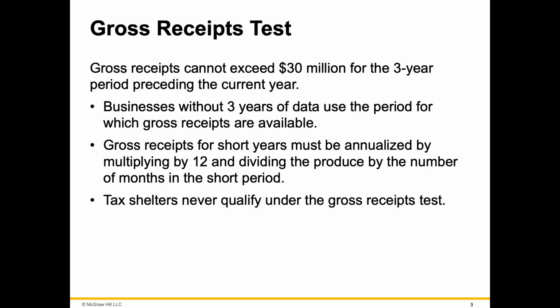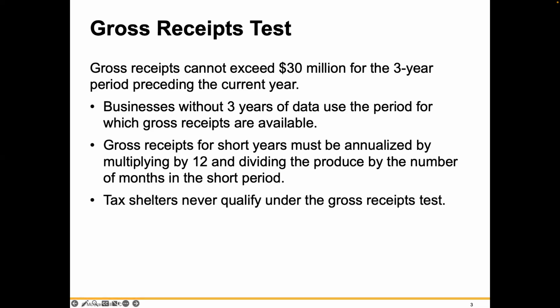To qualify for the cash method of accounting, that's specifically what we're talking about here. I should have said that first. To qualify for the cash method of accounting, a business's gross receipts must not exceed $30 million across the 3 preceding years. This threshold helps determine if a business can use cash accounting instead of accrual accounting.